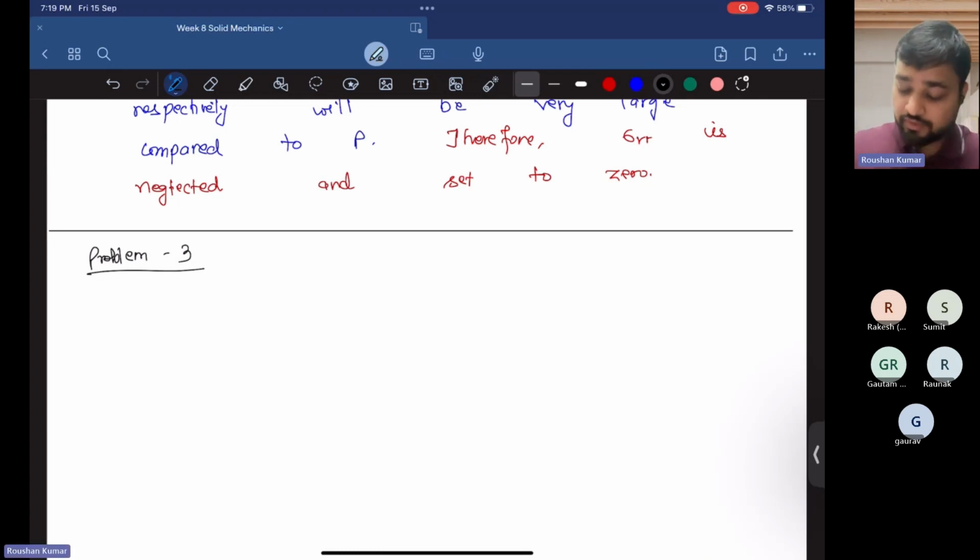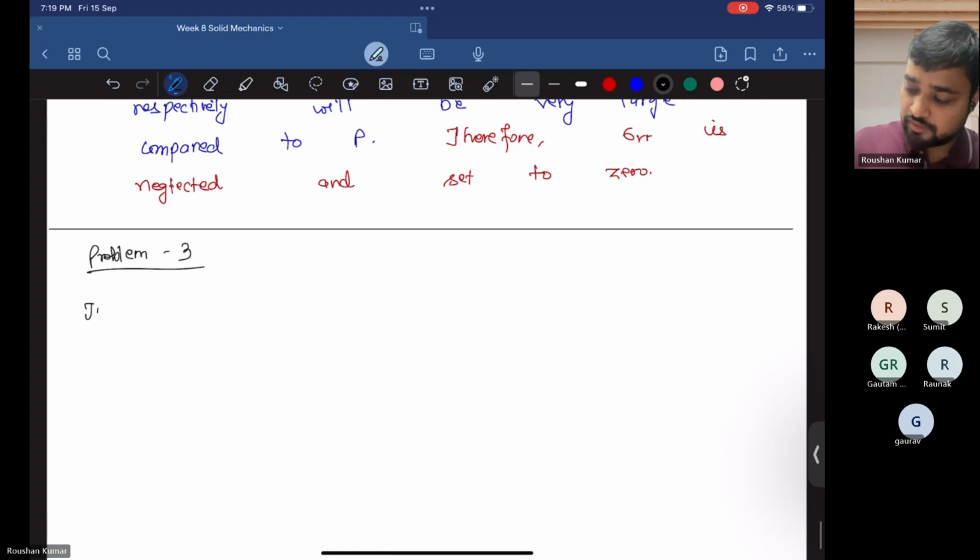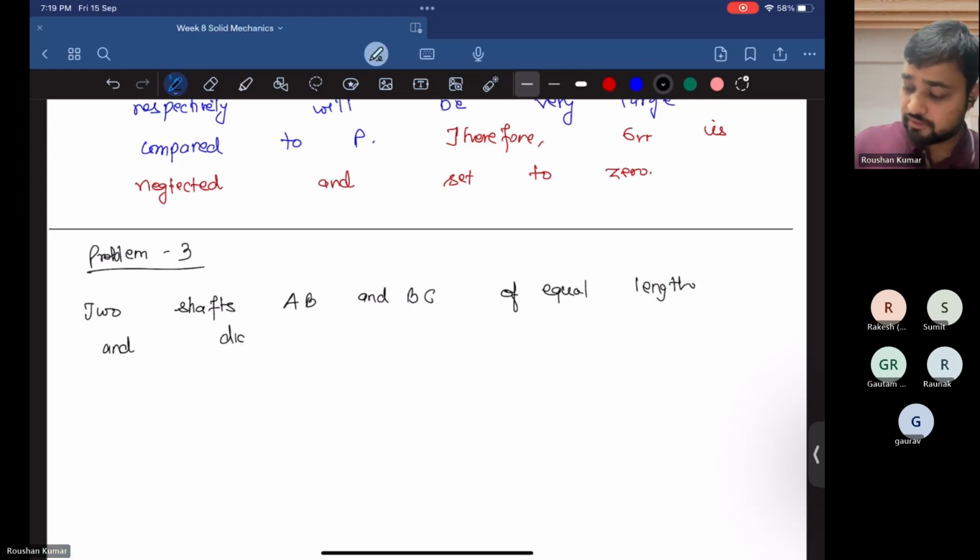The question says two shafts AB and BC of equal length and diameter D and 2D are made of the same material.